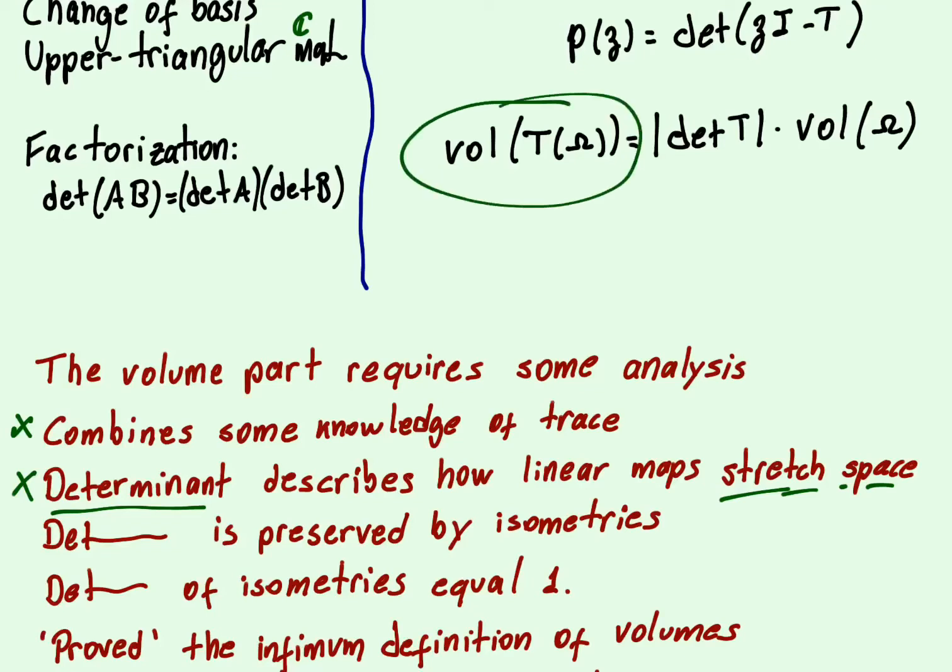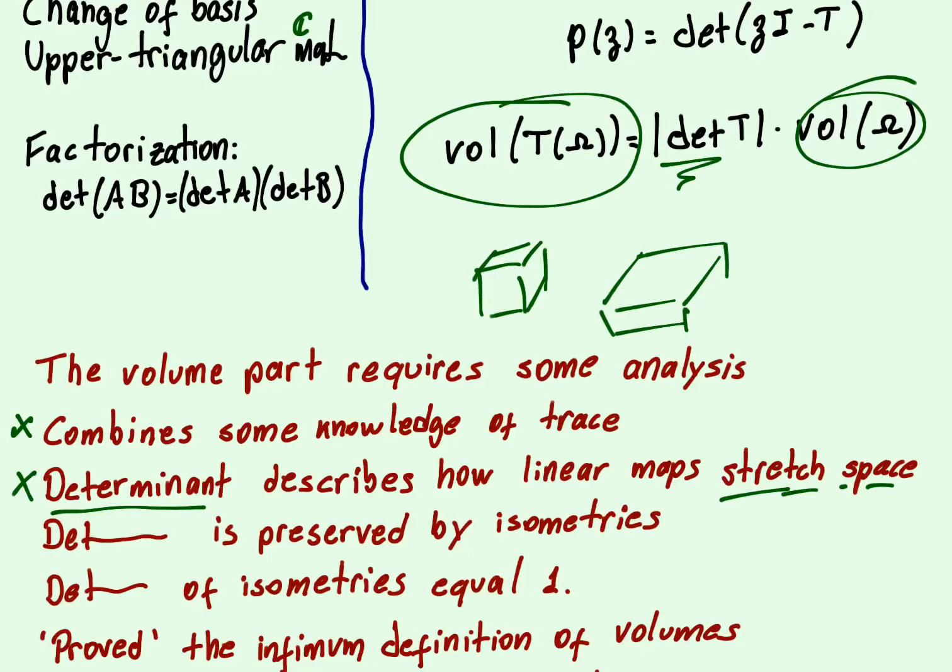If you measure the volume, the determinant tells you exactly by how much it changed. So maybe you get some original object that looks like this, and then you smash it, and it now looks like this. The determinant doesn't tell you all the details of what happened, but it tells you how the volume of the image relates to the volume of the original object.